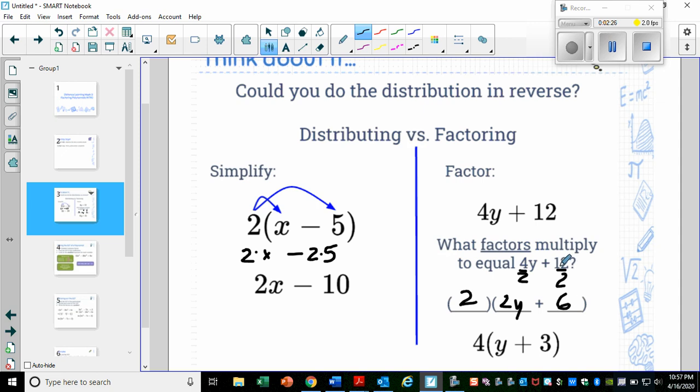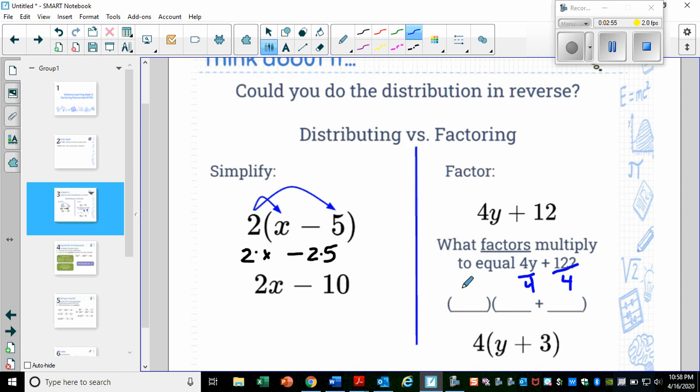That's not bad, but we want to try to find some number that is even larger than 2 that we can divide into both 4 and 12. And 2 is not a bad guess, but turns out 4 is a larger number than 2. So what if we tried 4? So 4y divided by 4 and 12 divided by 4.